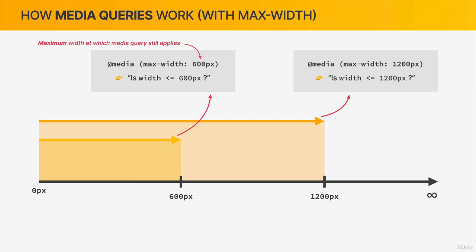Now inside these media queries, we simply overwrite some specific parts of the global CSS, so the code that is outside of any media query. But all the rest of the global code will of course still apply. And so you can think of media queries as tools for overriding specific parts of our CSS at certain viewport widths.